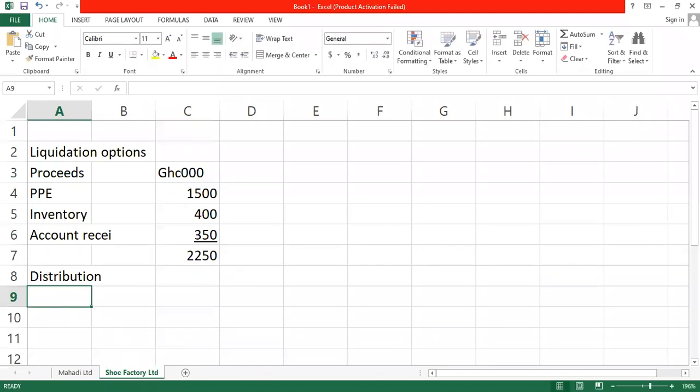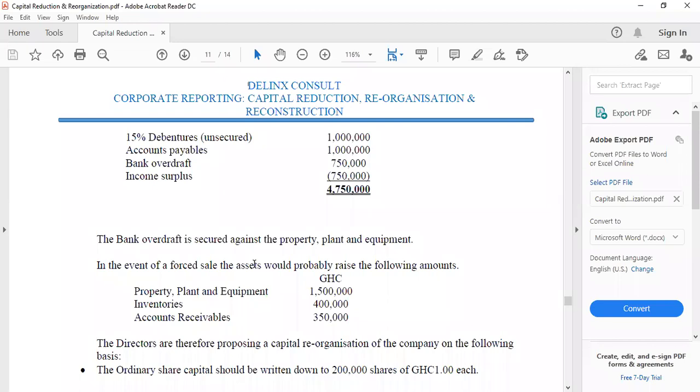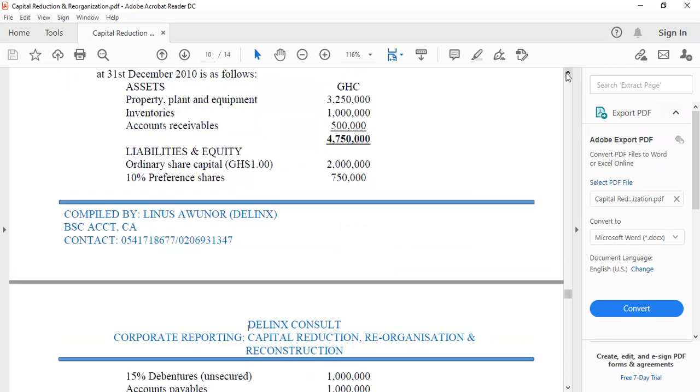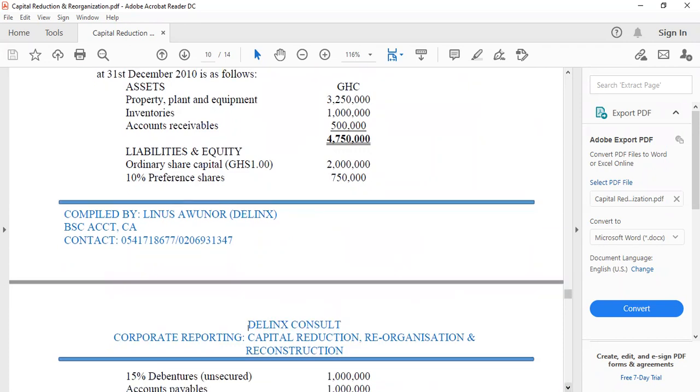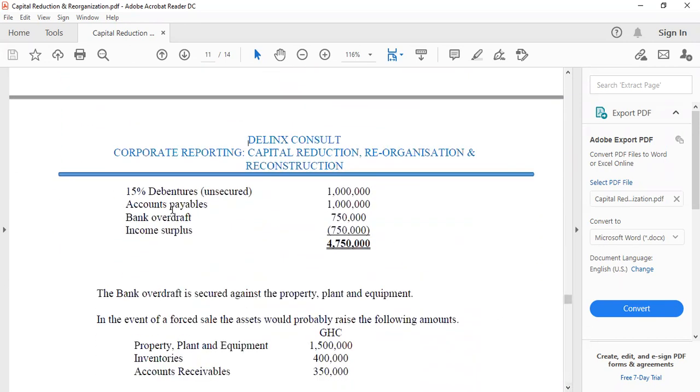Okay, let's move on. The bank overdraft is secured against the property, plant, and equipment. So what is the bank overdraft figure? 750,000. And the property, plant, and equipment is 3 million, so a portion of it was secured against the bank overdraft.